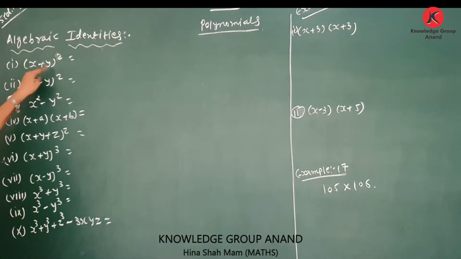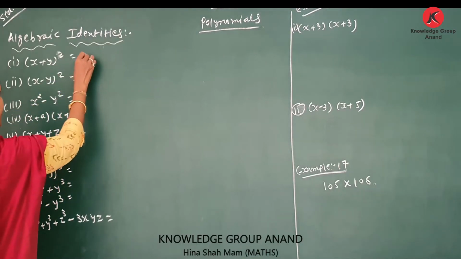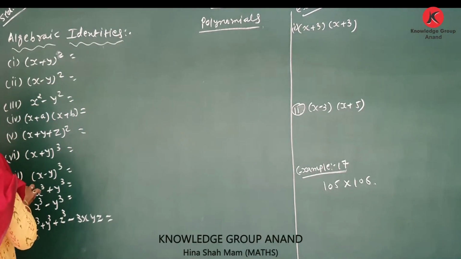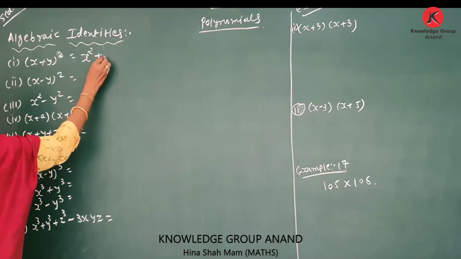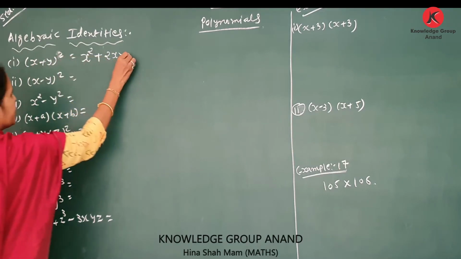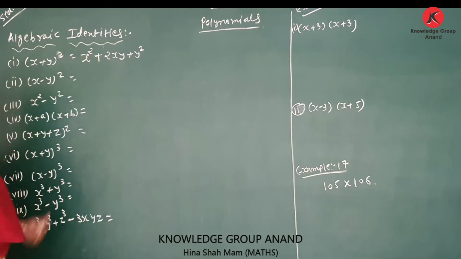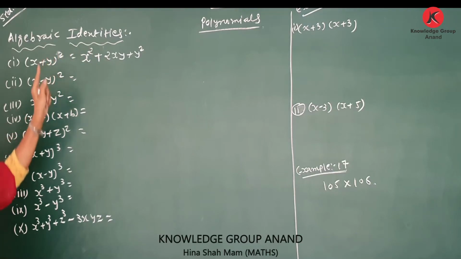You know, x plus y whole square equals x square plus 2xy plus y square. That means the square of the first term plus 2 into the product of first and second term plus the square of the second.